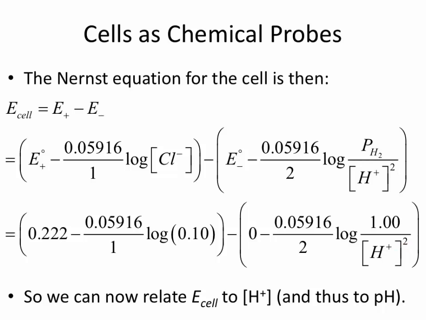And we can now relate our E cell to the hydrogen ion concentration, and therefore to pH. So we have essentially made a pH meter.